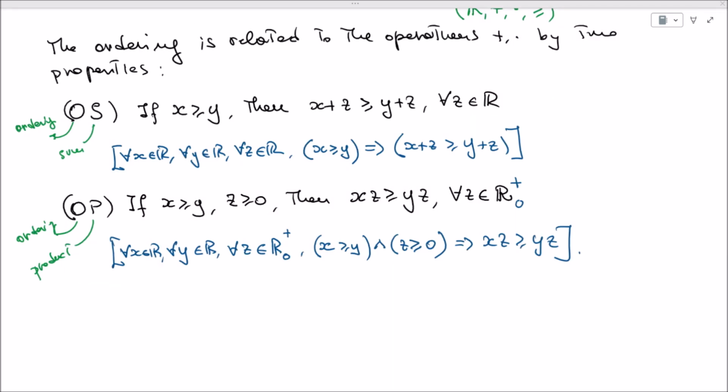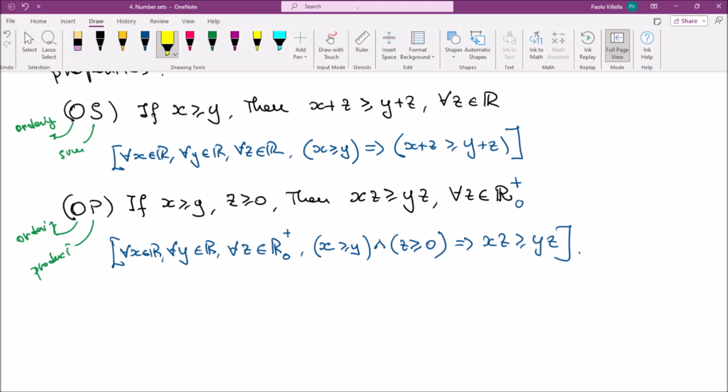So now at first sight it might seem that all these axioms are quite useless for the practice of calculating inequalities or equalities using just the real numbers, but actually we keep using them all the time without realizing. Let me give you an example of this.